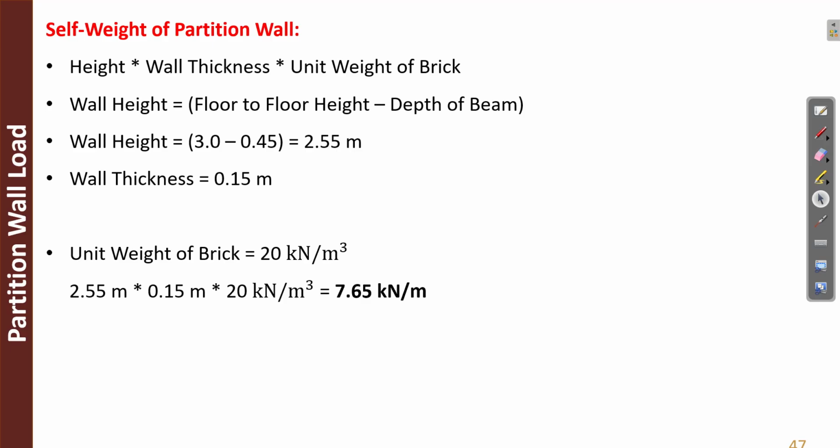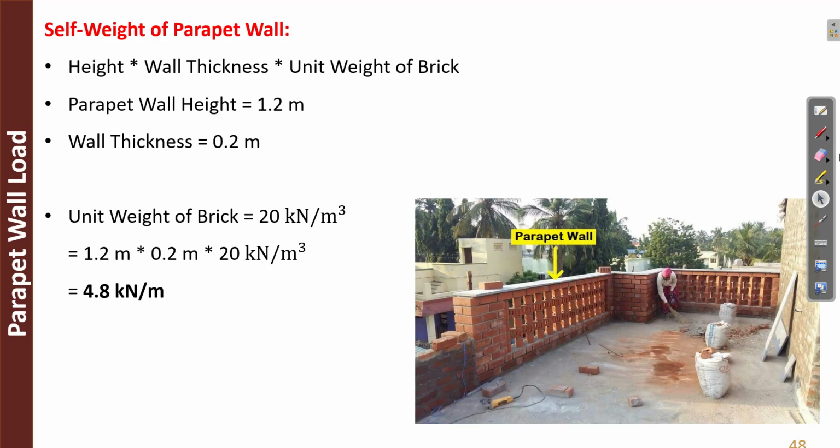So next is self-weight of parapet wall. The usual height of a parapet wall is 1.2 meters to 1.5 meters, and they are of 8-inch thickness. These parapet walls are provided on the roof. Same formula: height of the wall, thickness, unit weight of brick.